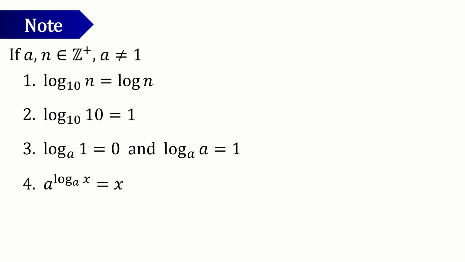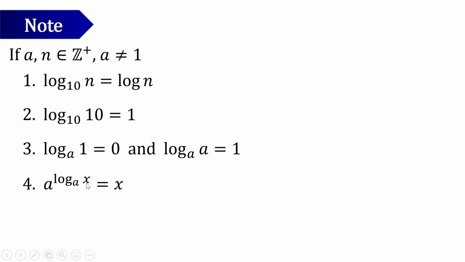The fourth thing that we must know is a to the power of log base a of x. The key here is that the base is the same as the base of the logarithm. So if you have this type of expression, it is just equivalent to x.